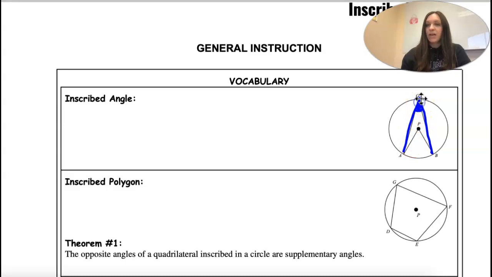So see how the angle, this part is called the vertex? It's on the edge of the circle.